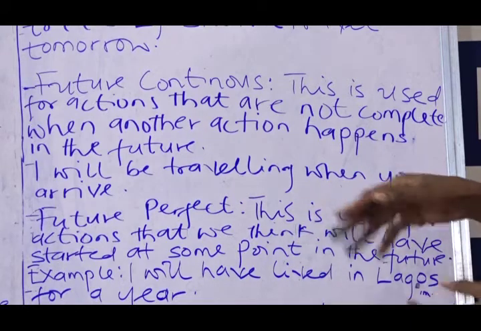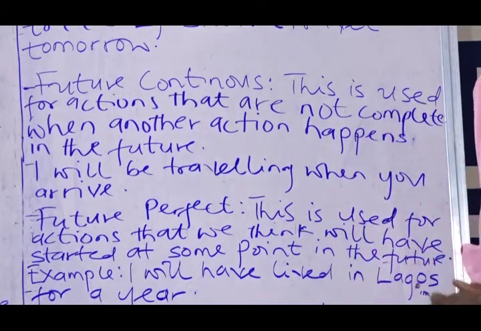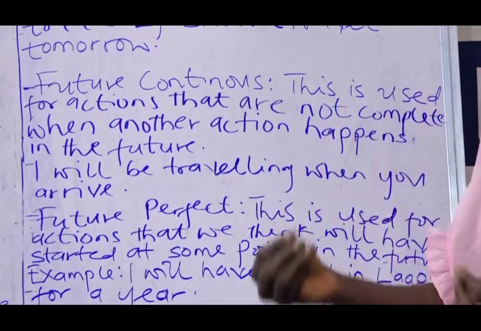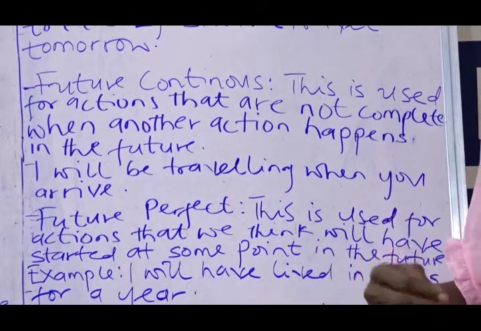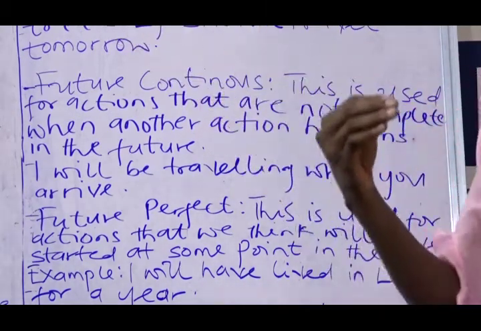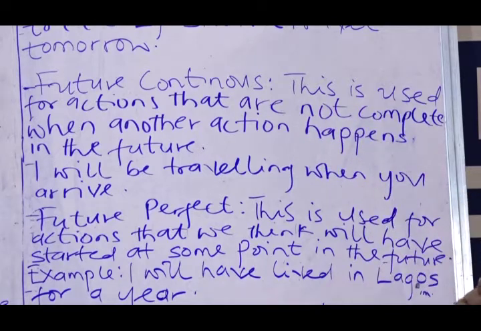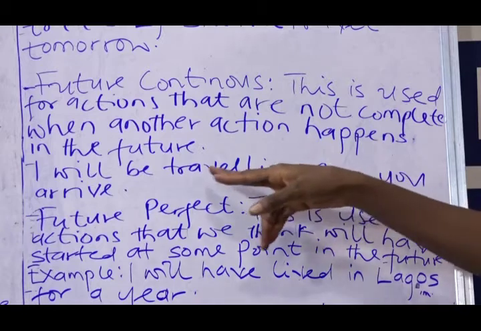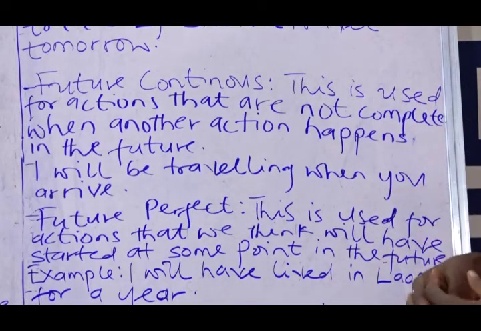You will now say, I will be traveling when you arrive. You haven't started traveling. You are still planning to, but you know that you will be traveling when whoever it is that is coming to visit you comes. So, I will be traveling when you arrive.